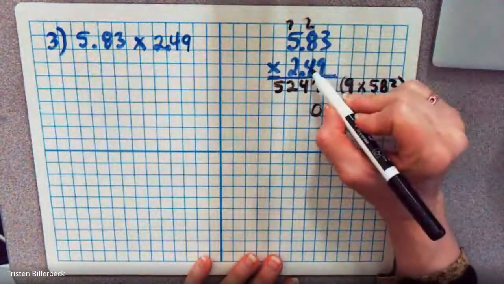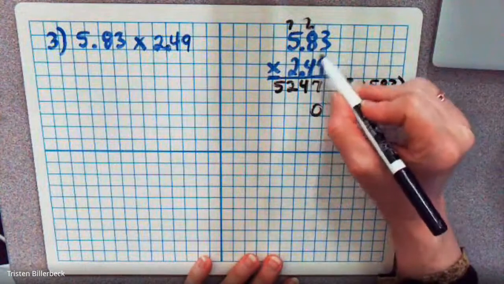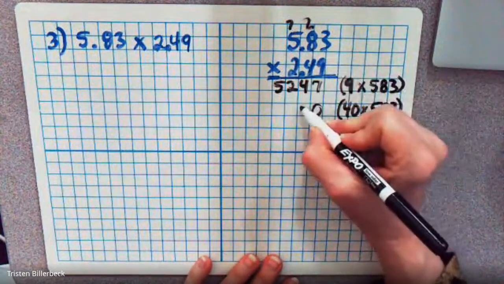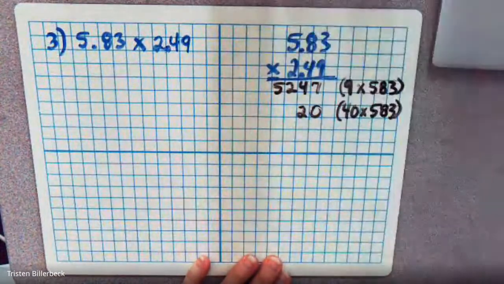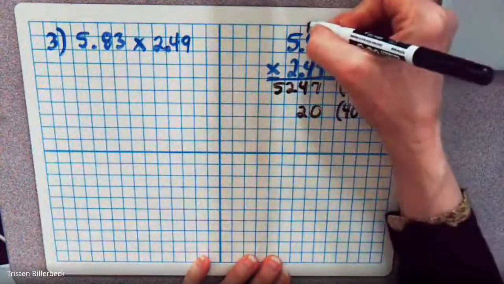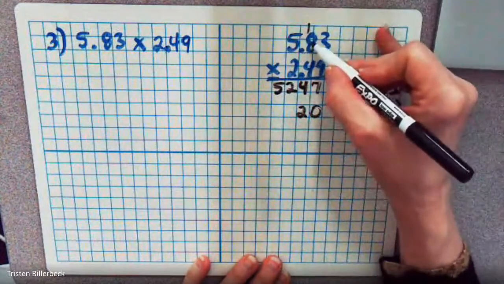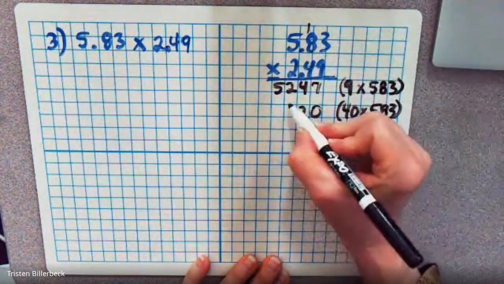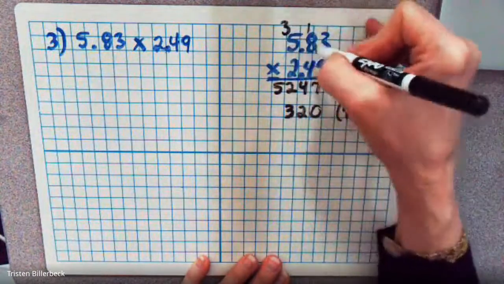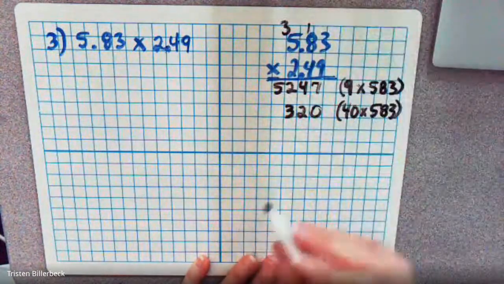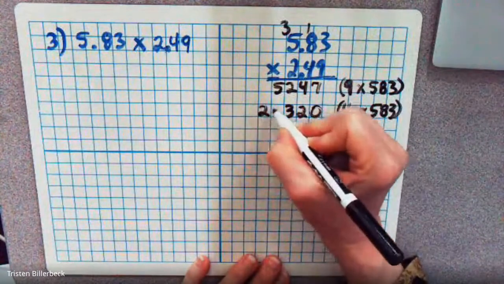So now it's 40 times 3. So 4 times 3 is 12. So we put a 2 here. Carry a 1. Okay. So 4 times 8 is 32, plus 1 is 33. And 4 times 5 is 20, plus 3 is 23.